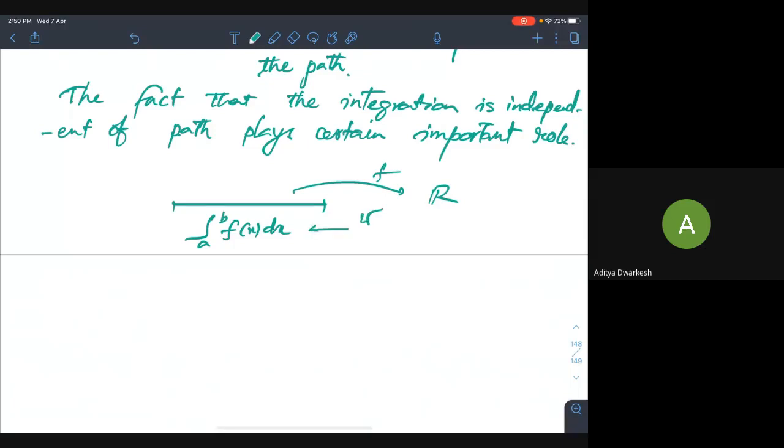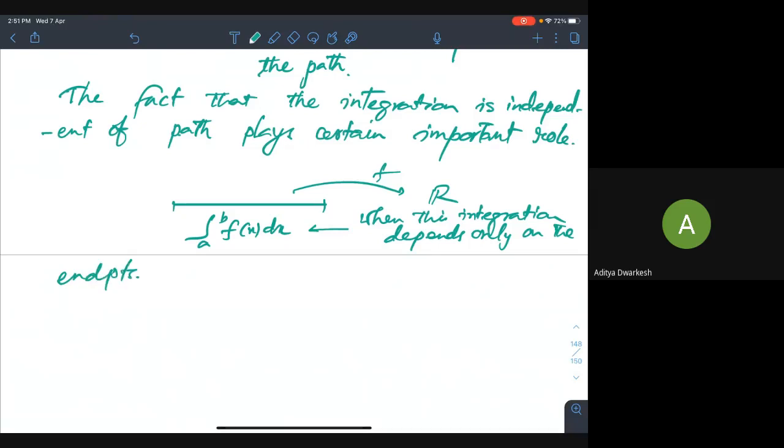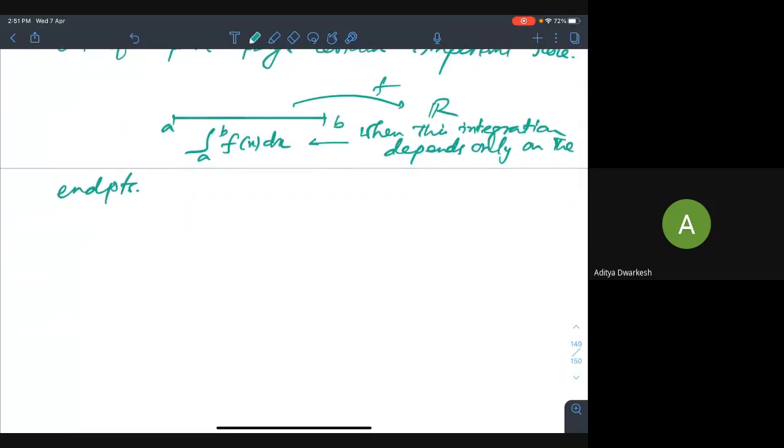So when this integration depends only on the endpoints a and b, not inside, what happens? So yeah, this is the fundamental theorem of calculus.